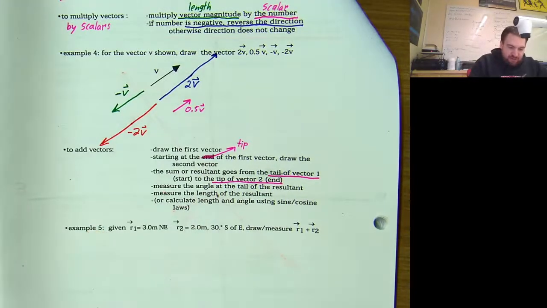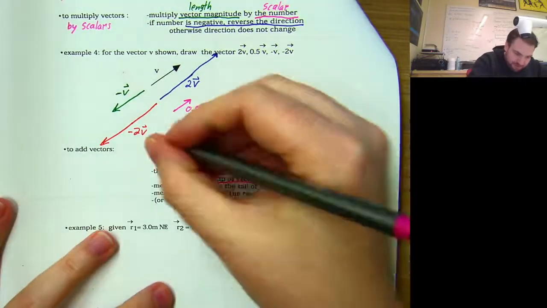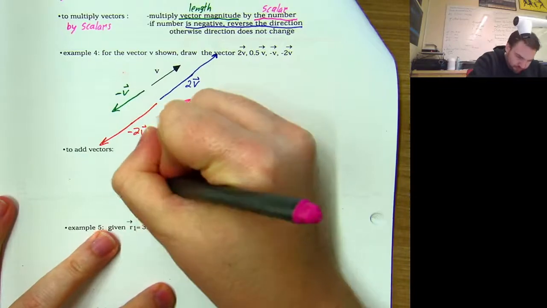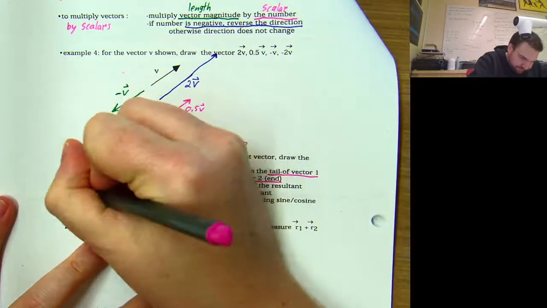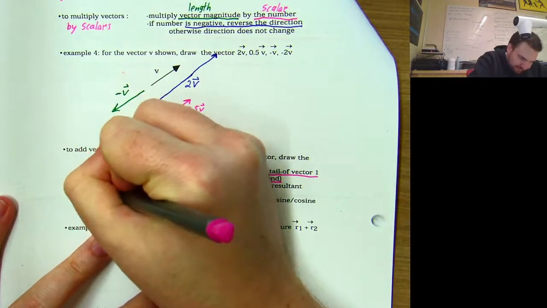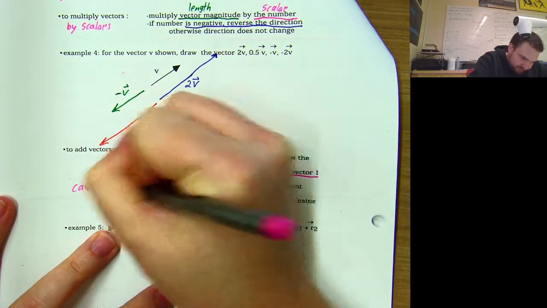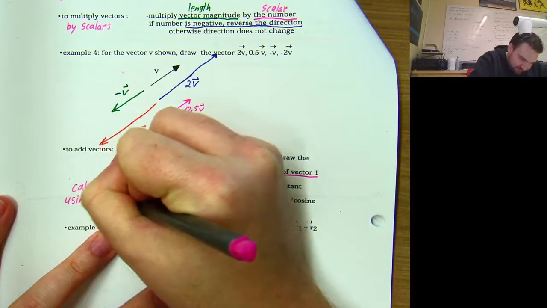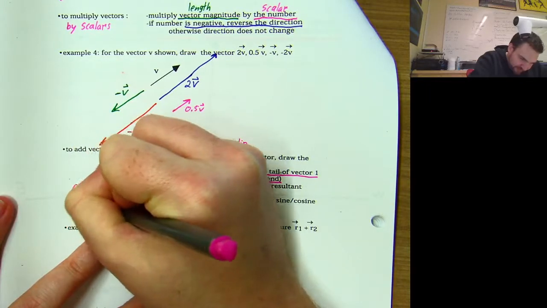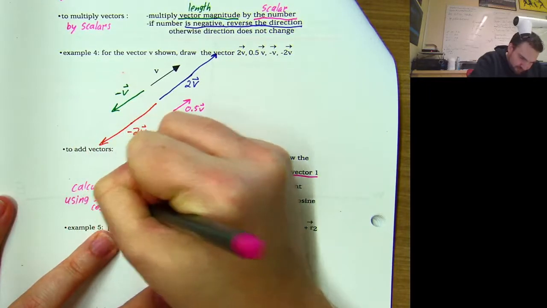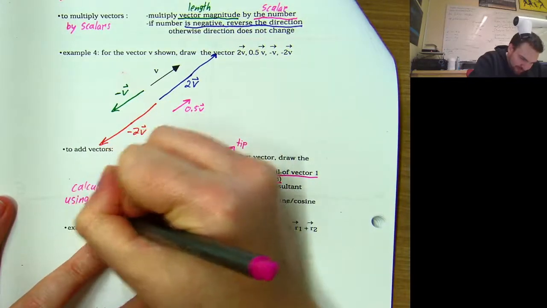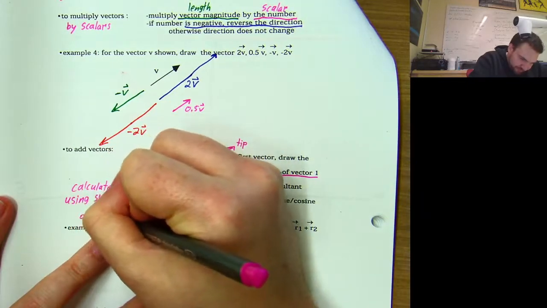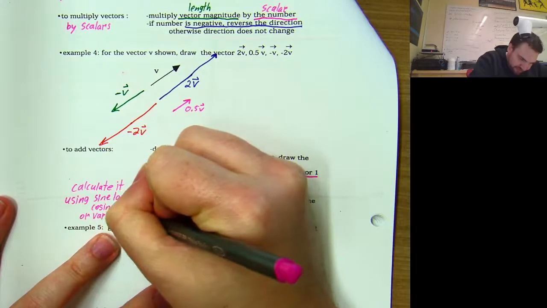We want to measure the angle at the tail of the resultant, so you can measure it or calculate it using sine law, cosine law, or various trig relationships.